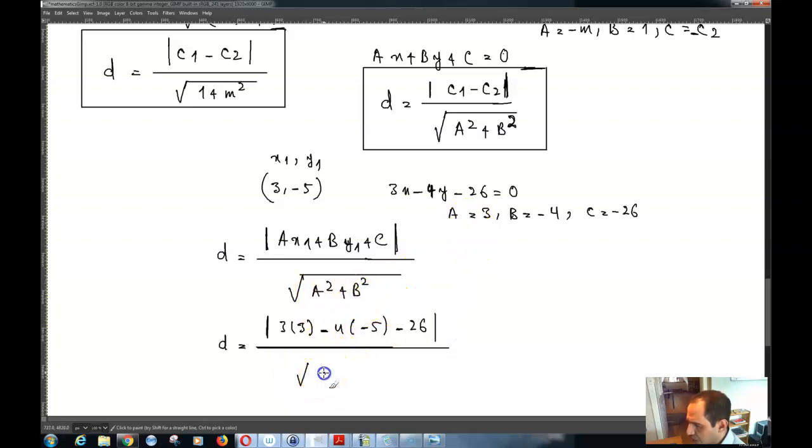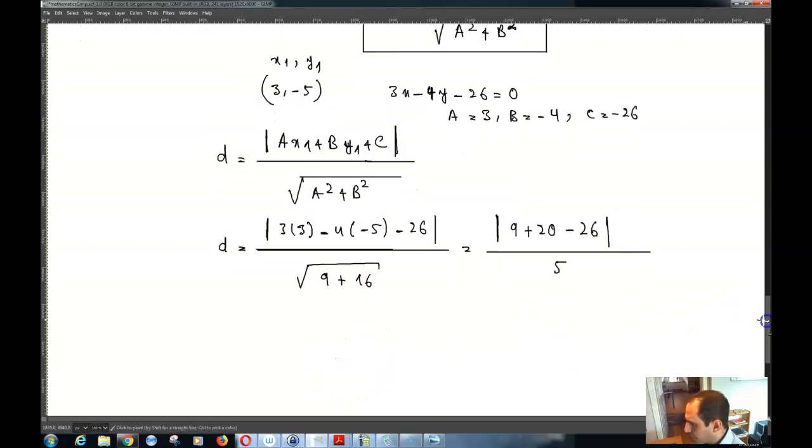So that's 9 plus 16, which is equal to the absolute value of 9 plus 20 minus 26 over the square root of 25, which is 5. So that's 29 minus 26, that's equal to 3 over 5. 3/5 units is the distance between the point and the line.